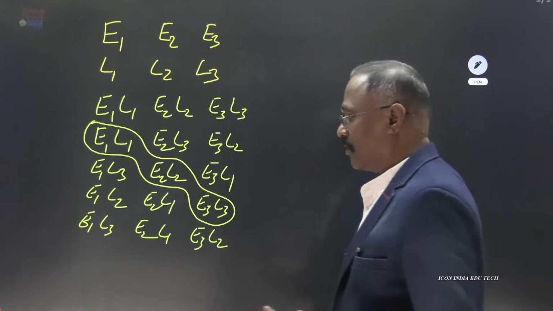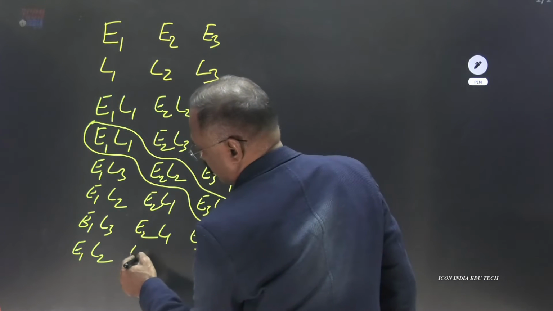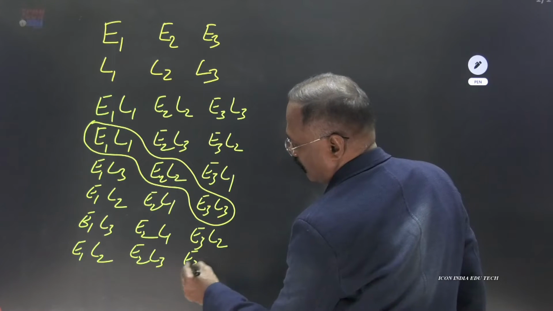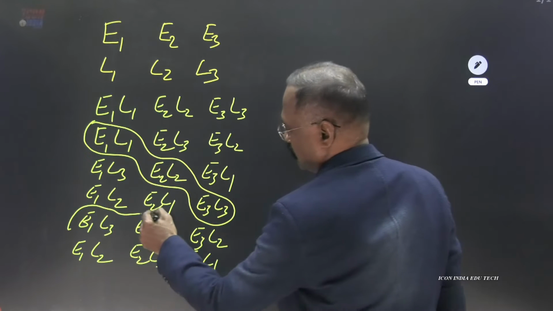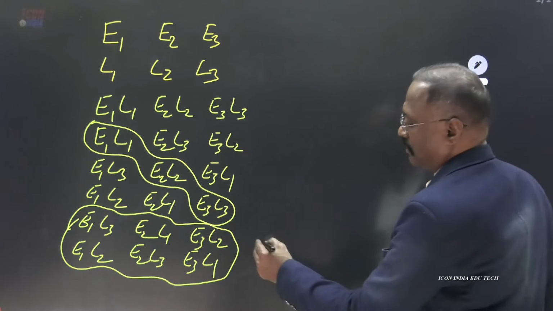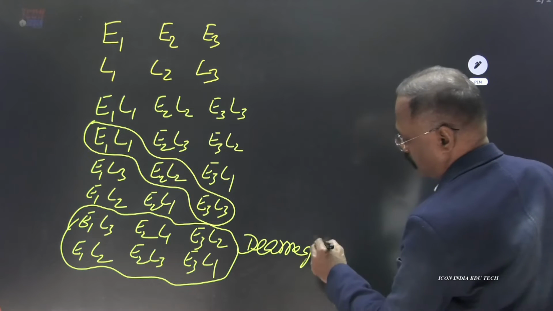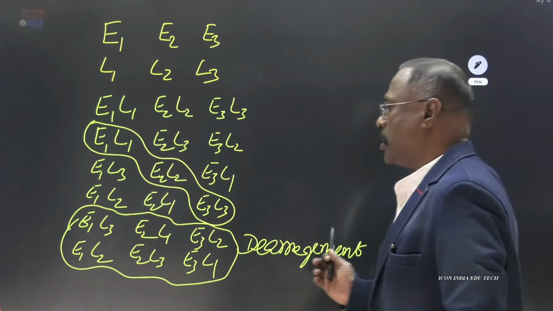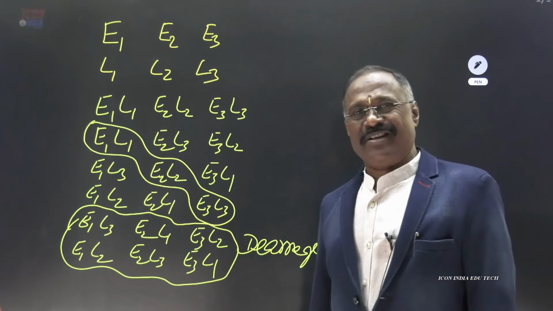Need not be only like this: E1 L2, E2 L3, E3 L1. Just observe this carefully. This is also a de-arrangement. So what is a de-arrangement here? No letter placed in the right envelope is nothing but the de-arrangement.